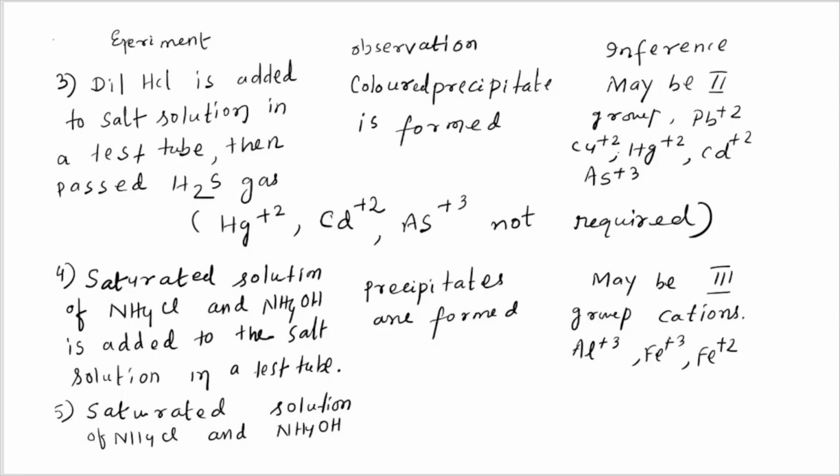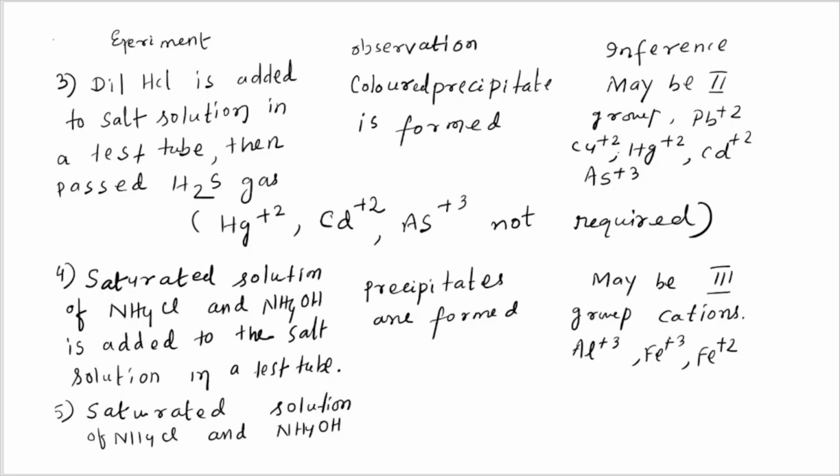Again, you take the salt solution and dilute hydrochloric acid. If there is no test in the first group, then in the same test tube pass H2S gas. The same test tube means containing dilute HCl and salt solution. And what happens here? The second group gives a colored precipitate.